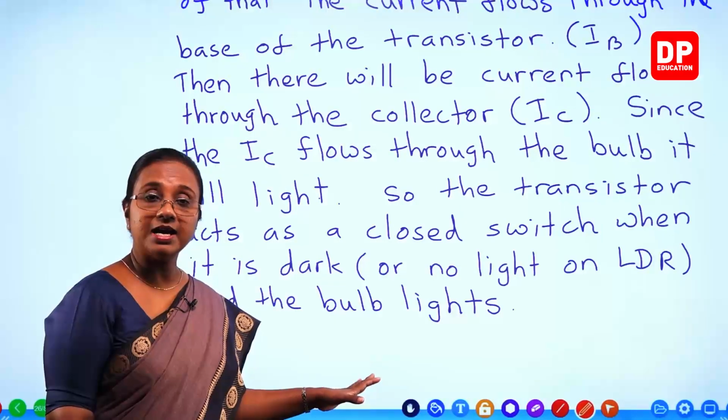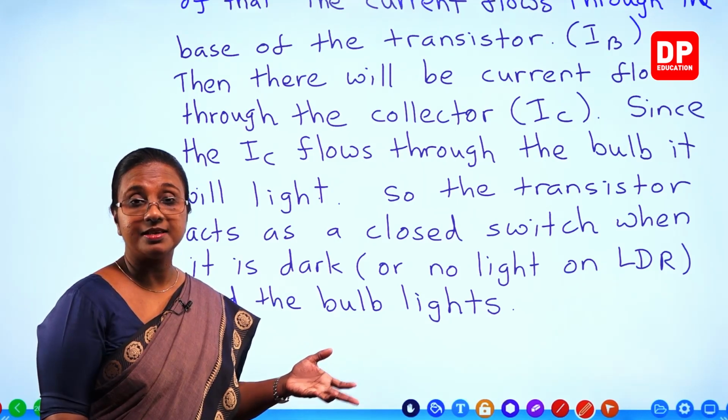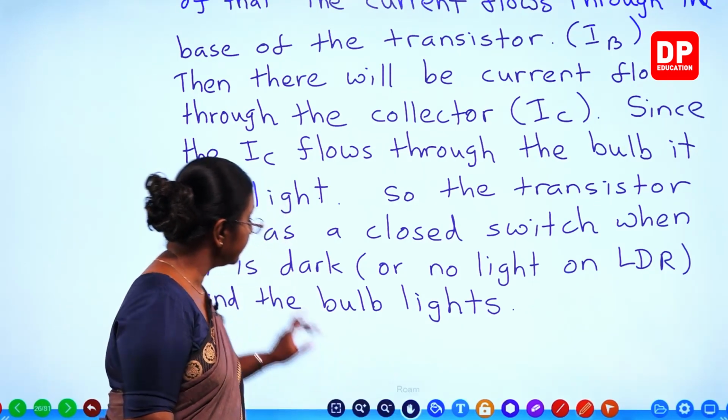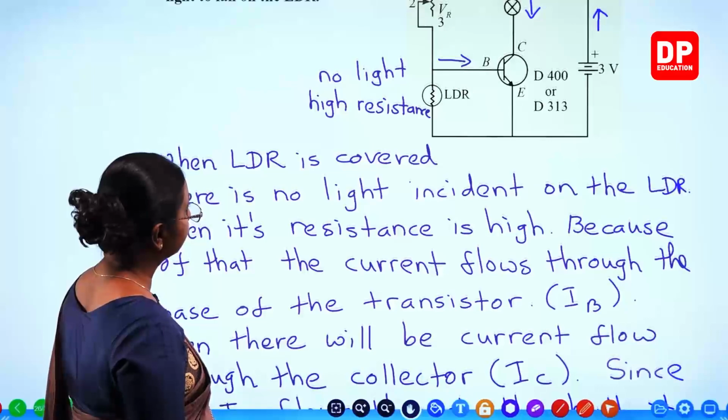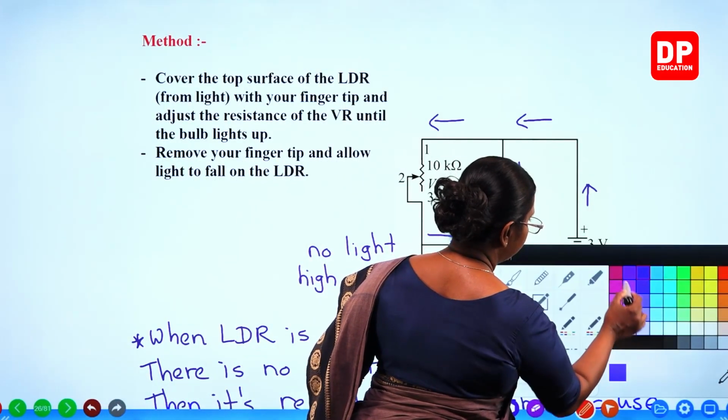So at night time the lights come on automatically. Why? The transistor acts as a closed switch. At the same time, if we go back, here you can see I will use a different color now.